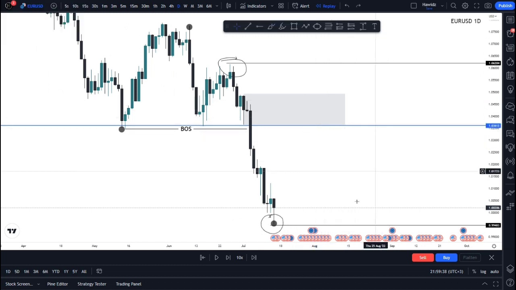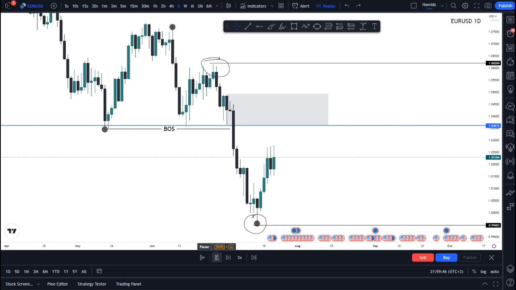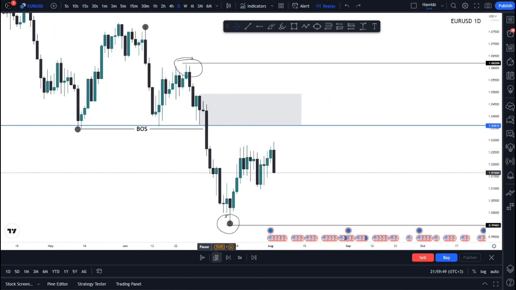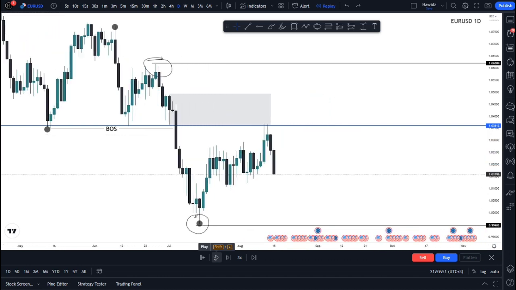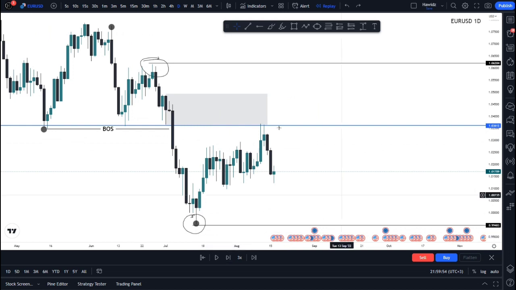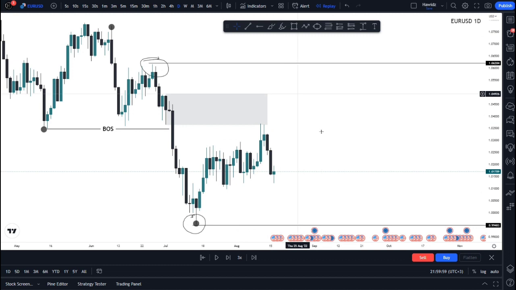So let's now play price out. Let's reduce that speed a little bit. Okay, so price goes up, price goes up, price goes up, boom. There we have it. Our alert has been triggered.